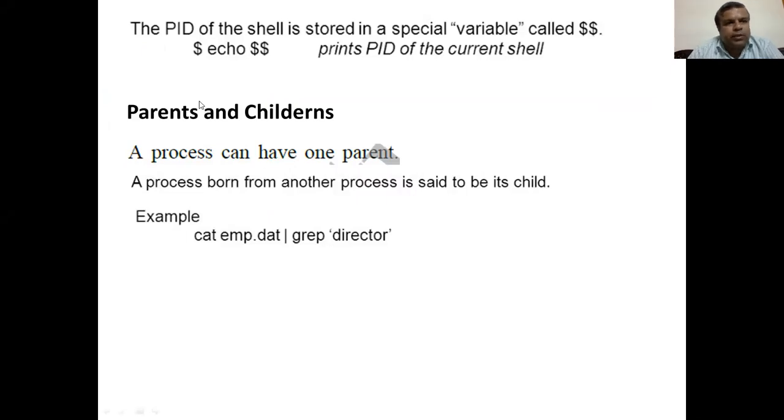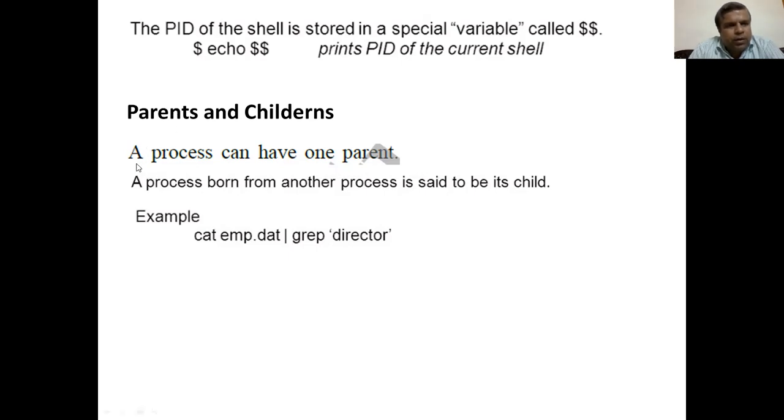Then next is, what are parent process and child process? Parents and children. So what is a parent process? A process that creates another process is called a parent process.